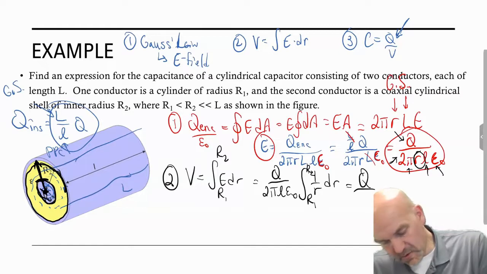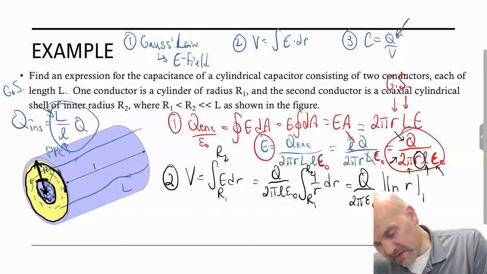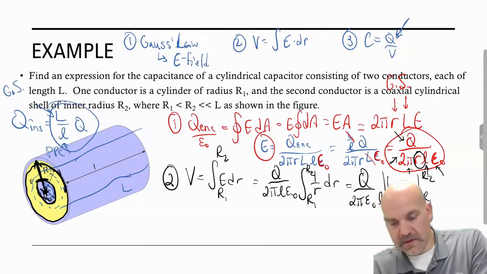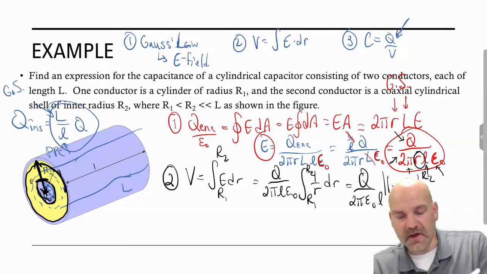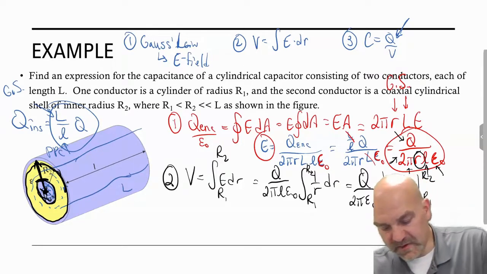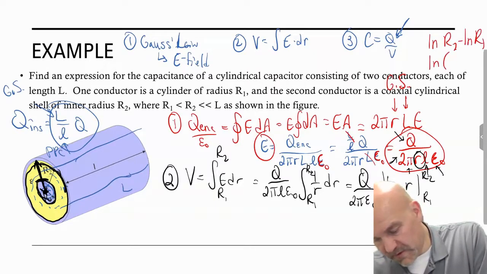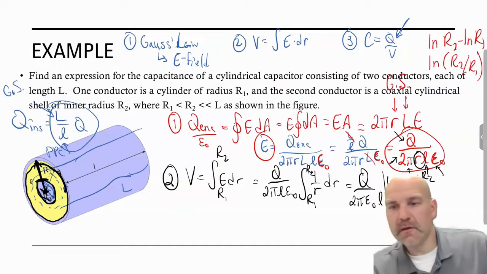So I've got Q over 2 pi epsilon naught L times the natural log of r, and I'm going to evaluate that from R1 to R2. And now here's the reason why you learn those log properties in Algebra 2, because this is going to be ln R2 minus ln R1. Well, that just becomes ln of R2 divided by R1.